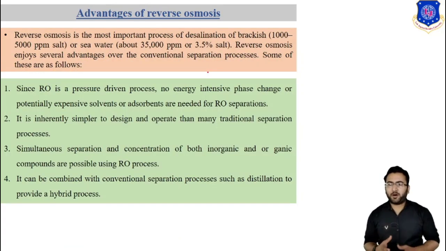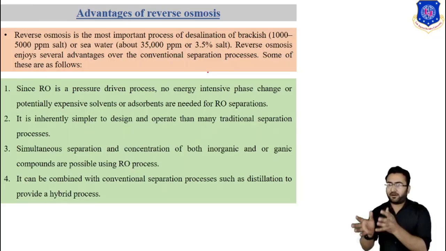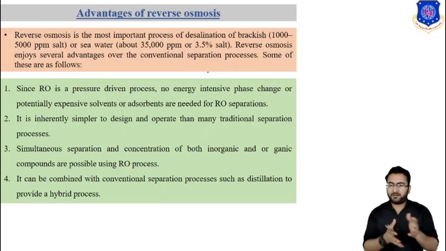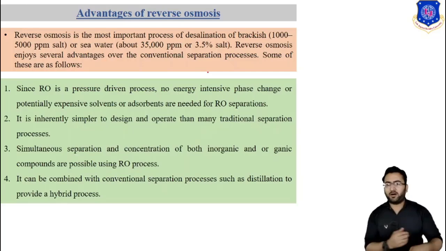Now let's discuss various advantages of reverse osmosis. Reverse osmosis is the most important process for desalination of brackish water or seawater. Reverse osmosis enjoys several advantages over the conventional separation processes. Since RO is a pressure driven separation process, no energy intensive phase change or potentially expensive solvent or absorbent is needed.